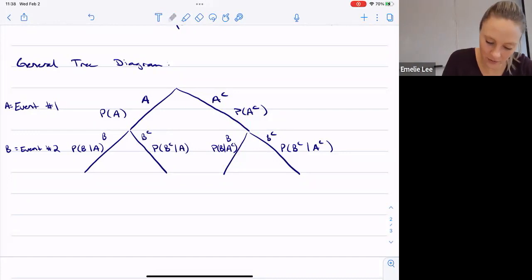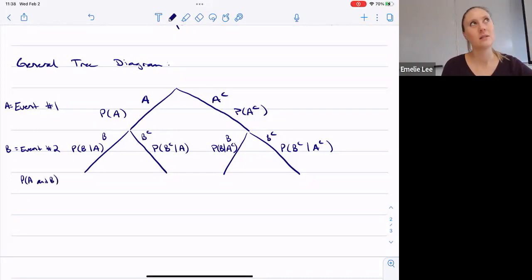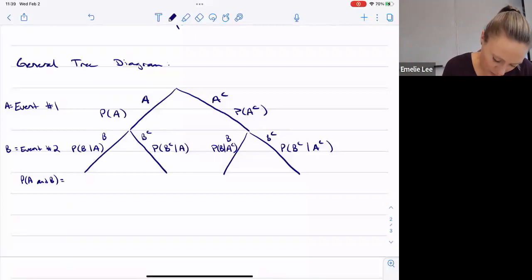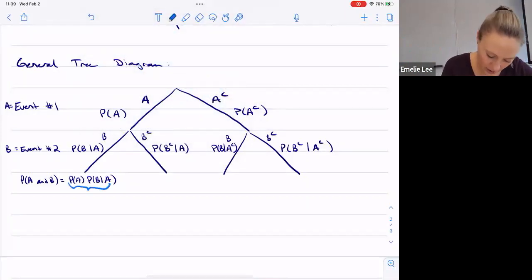Okay, so at the end of all these branches, we have the probability of A and B, because I should probably write it B and A, but because it's a series of events, I'm going to write A and B. And so it's the probability of A times the probability of B given A, which is just multiplying down the branch.